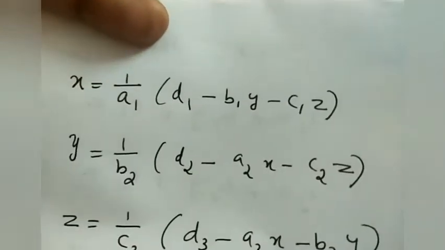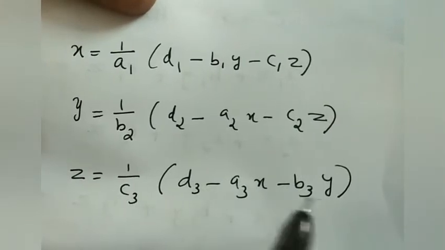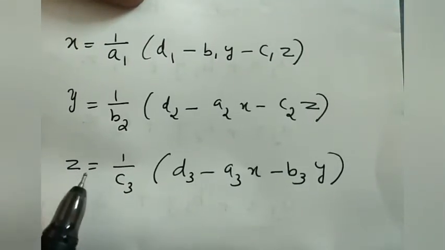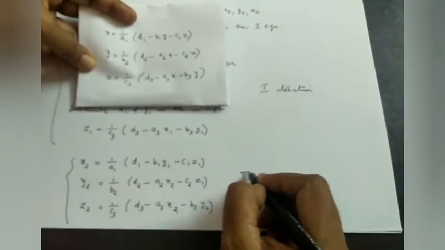Now substituting the value of x2 and y2 in z, we will get z2. Then we will get z2 as 1 by c3 into d3 minus a3 x2 minus b3 y2. Now these values are called the second iteration.